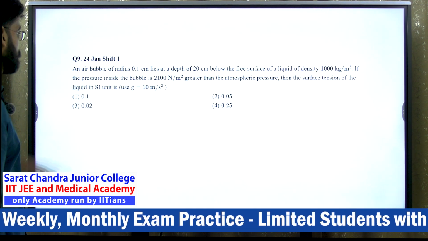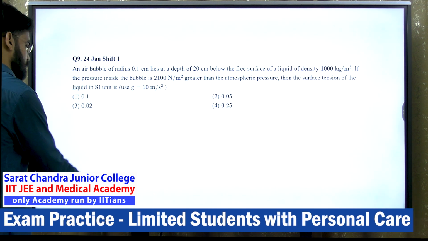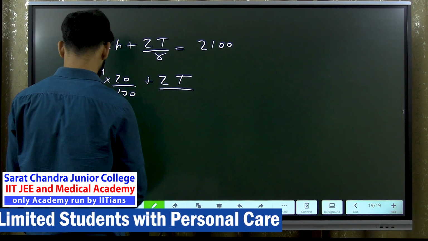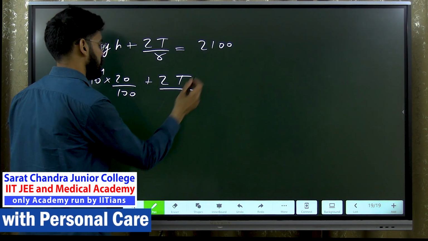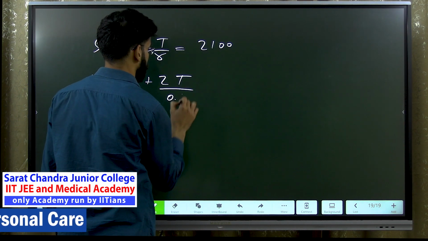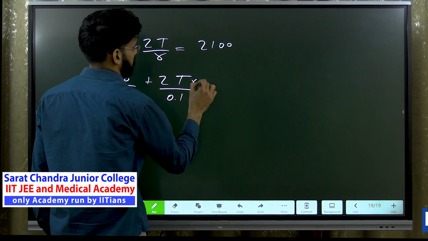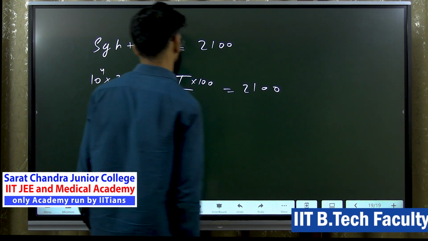Okay. So here see, these answers are half of each other, right? So maybe if you put 40 by r, then the answer will come wrong. Okay. 40 by r. R is given how much? 0.1 centimeter. So if you put 0.1 centimeter in meter, then what will you get? 0.1, and in meter, then 100, right? So 100 here. This is equal to 2100. Understood?